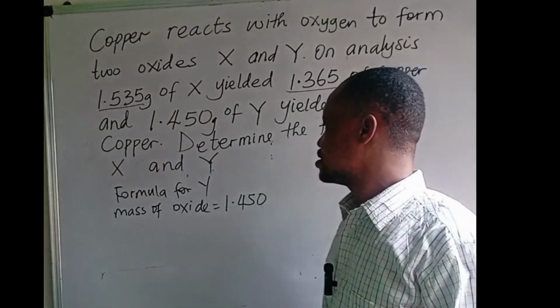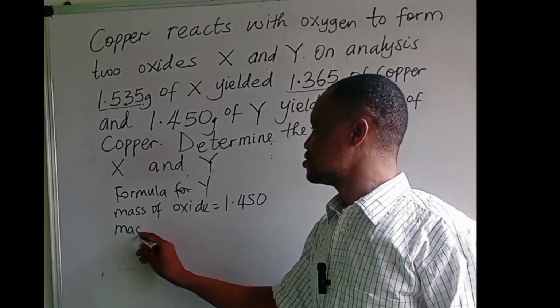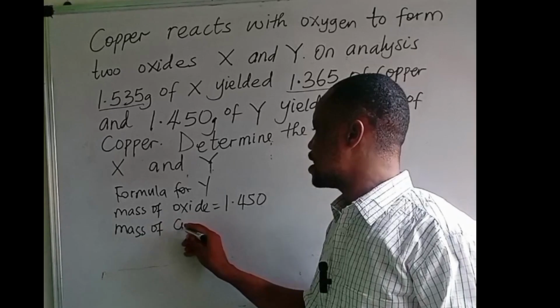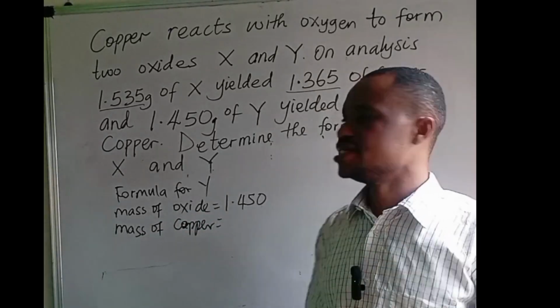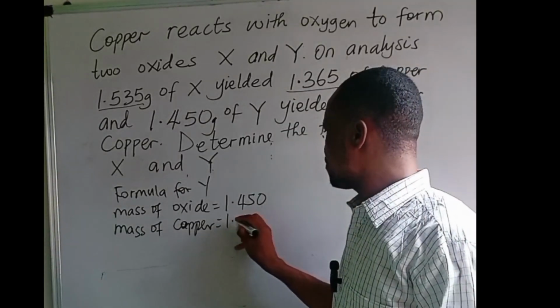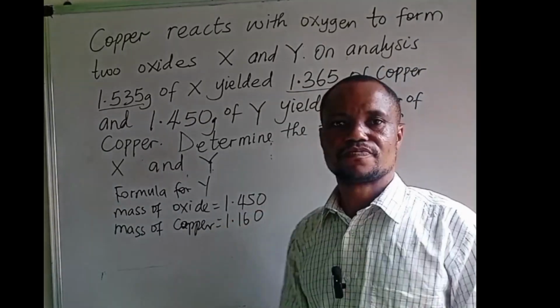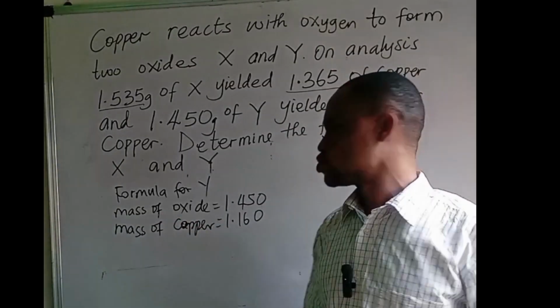Okay? Then mass of copper. Mass of copper is 1.160. All right?